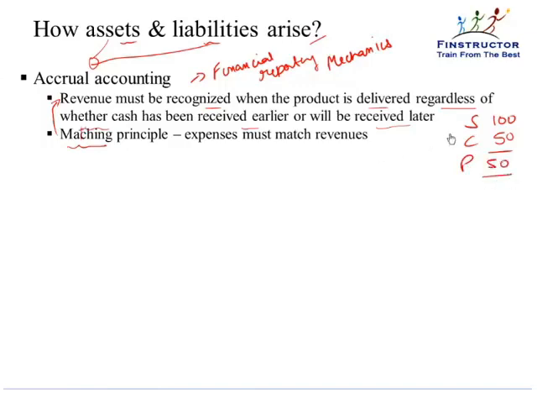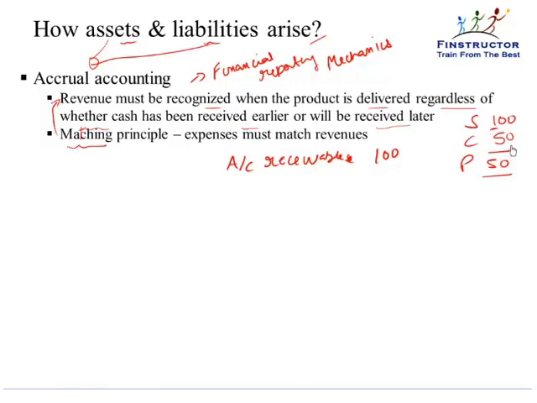So let's assume that in this case, our client hasn't yet paid us the $100 that he owes us. In that case, on the balance sheet, we'll report an item called accounts receivable of $100, showing that this $100 of cash hasn't yet come.